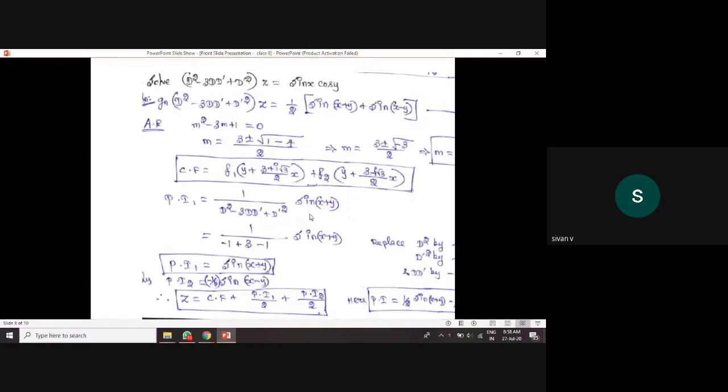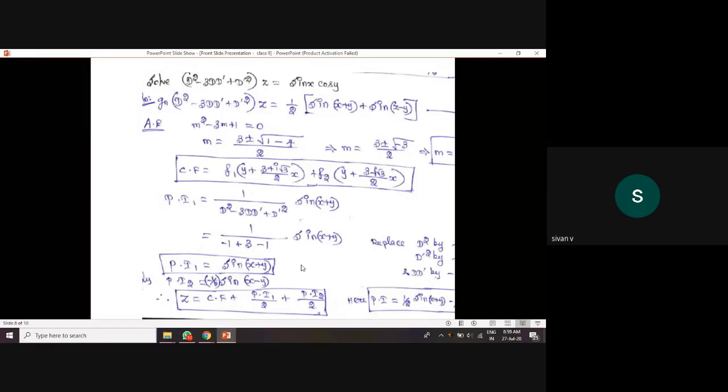So D square equals minus 1, D D dash equals minus 1, and D dash square equals minus 1. So minus 1, minus 3 into minus 1 becomes plus 3, and minus 1. So minus 1 plus 3 minus 1 gives 1. So PI1 equals sine of (x plus y).